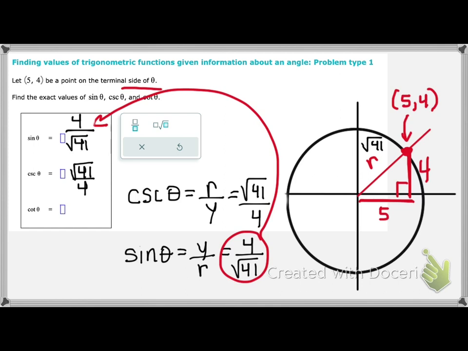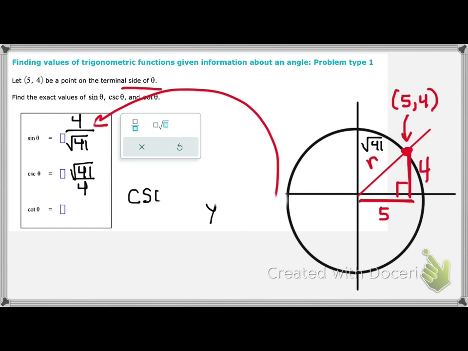Just a comment: the reason that caught my eye is that I know cosecant is the reciprocal of sine. As I was doing cosecant and noticing those were not matching up, that drew my attention to it. So it's always good to have some sort of check of your work, always keeping a sense of what should be happening so that we can catch little errors like that.